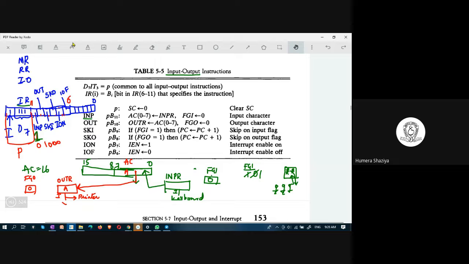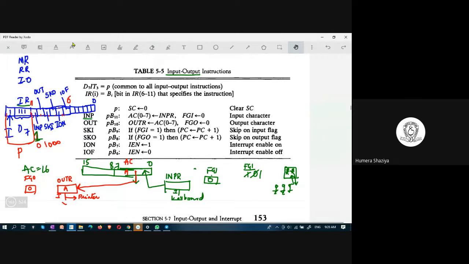When it is empty, FGO is set to 1. Only if it is 1, AC will transfer the data into this. If it is 0, it means the data has not been given to the user through the output device. It's the other way around.